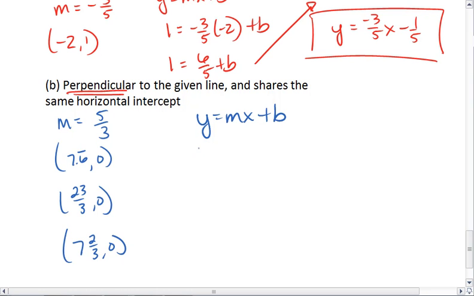To solve for b, we plug in the slope as well as our ordered pair that we have. I'm going to use the improper fraction.